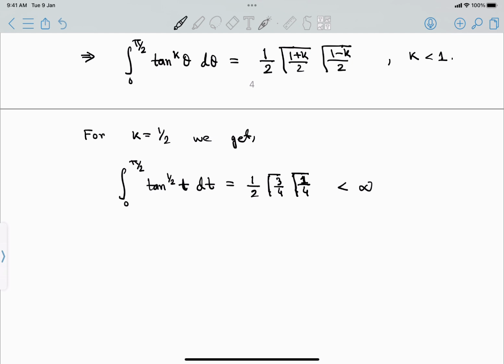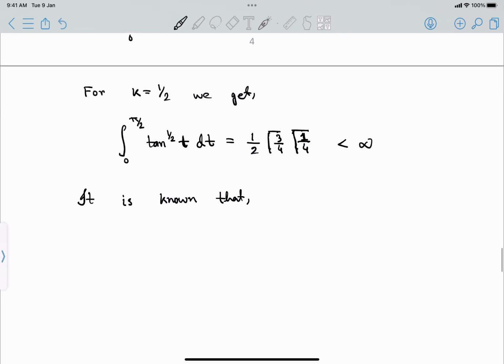So this is a well-known result. It is well known that there is a relation: gamma z gamma 1 minus z is pi by sine pi z, for z not being an integer.